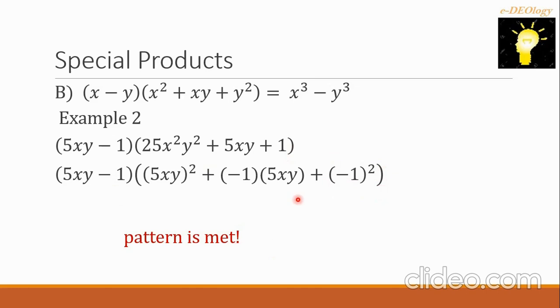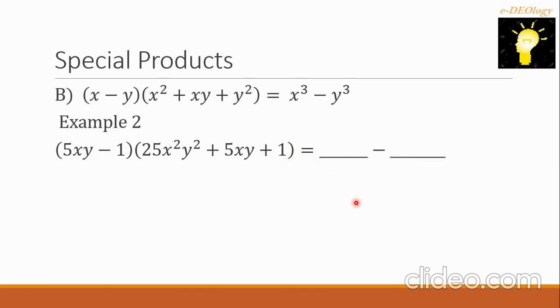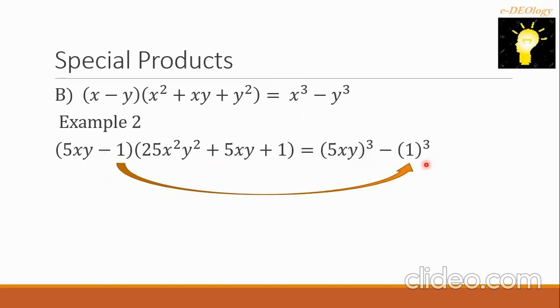In that case, we will go back to our problem. Then we will write the two blanks to represent the terms of the special product. For the first blank, I will copy the 5xy, then I will put power 3. Then followed by the negative sign, and then for the second blank, the 1 will be raised to 3.